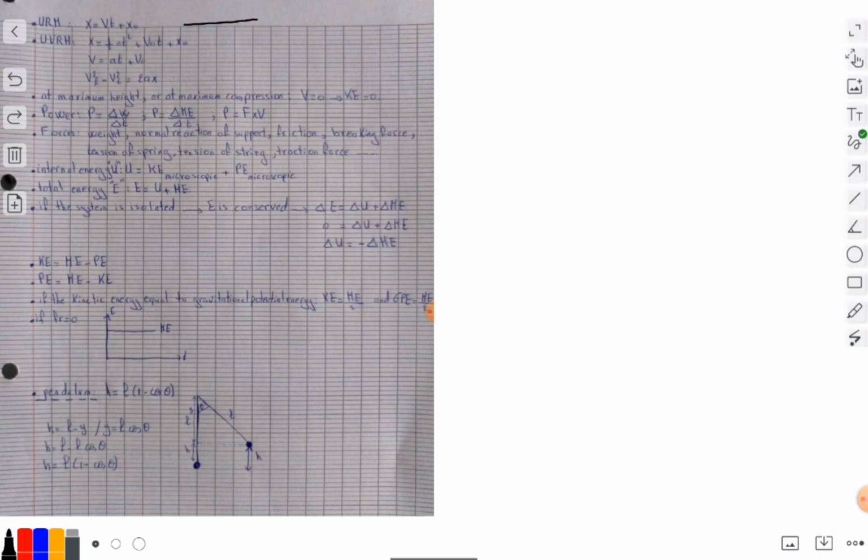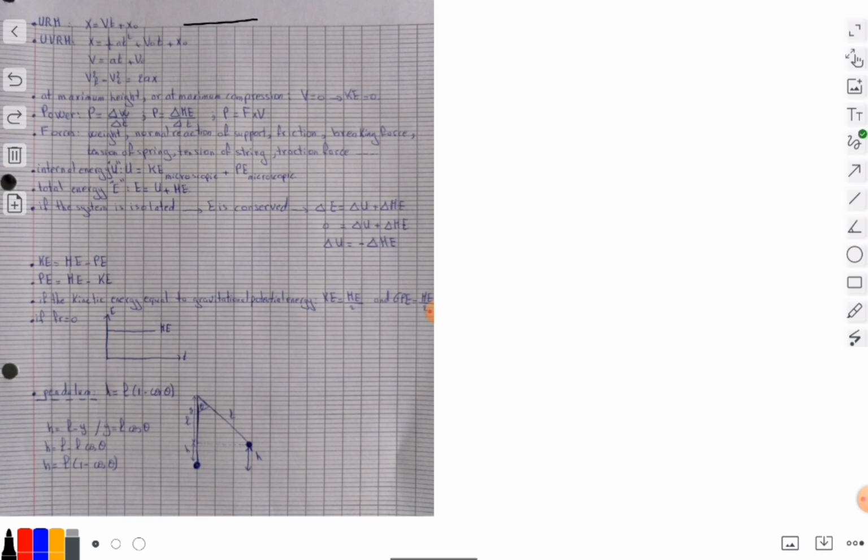At maximum height or at maximum compression, velocity equal to 0, kinetic energy equal to 0. Power P equal delta work over delta t, or delta mechanical energy over delta t, or P equal F times V.